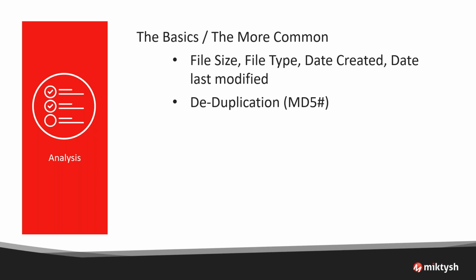There's often talk about deduplication, and I've put in brackets there MD5 hash, and for those that don't know what an MD5 hash is, it's basically a binary code or an algorithm that's run over a document, and each document or piece of content is given a piece of code. And if you took two Word documents that were the same, they would have the same MD5 hash.